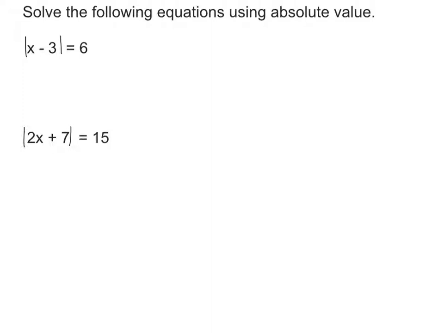Okay, so let's solve these equations, and now we have some stuff in these equations besides just the x. But the principle is pretty much the same. So whatever number x is, we're subtracting 3 from it, and that number's distance from 0 is 6. So if I do the number line thing again, here's 0. I can go over to 6.